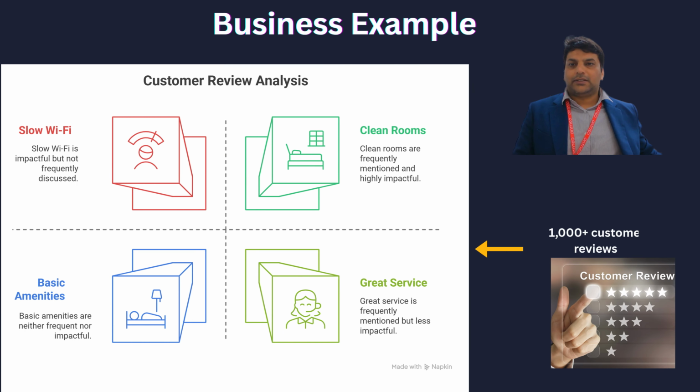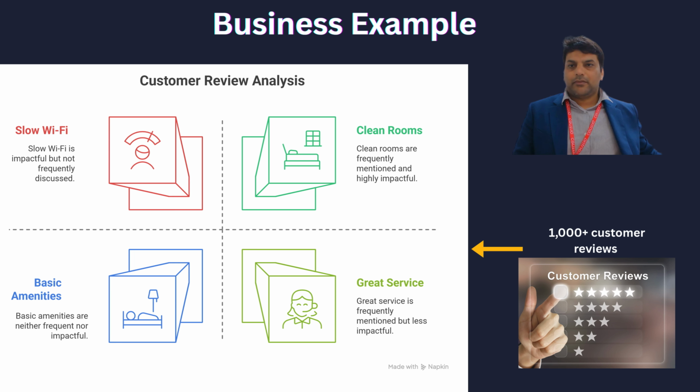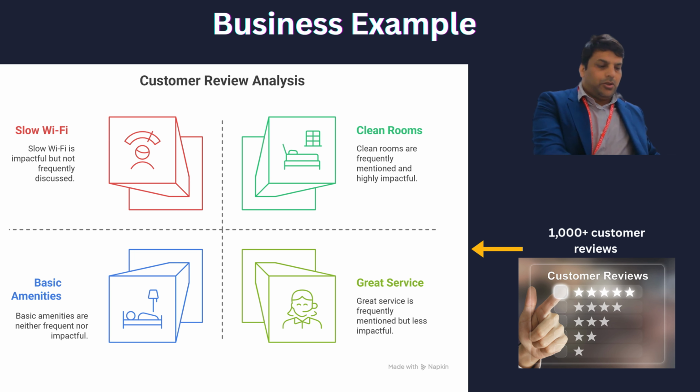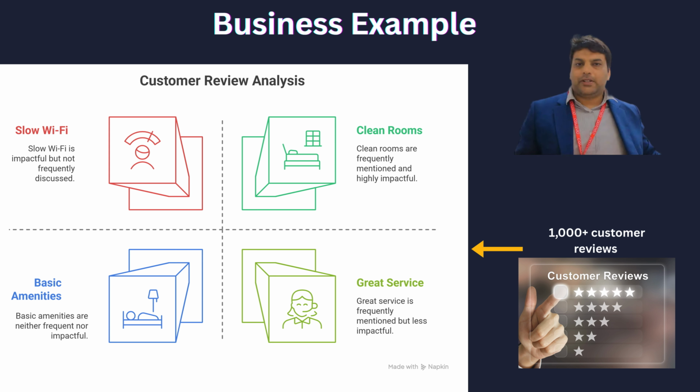You can see on the visual of the reviews that there are clusters of similar reviews. For example, clean rooms, and then we have another phrase, great services. Then we have slow Wi-Fi, and then basic amenities.